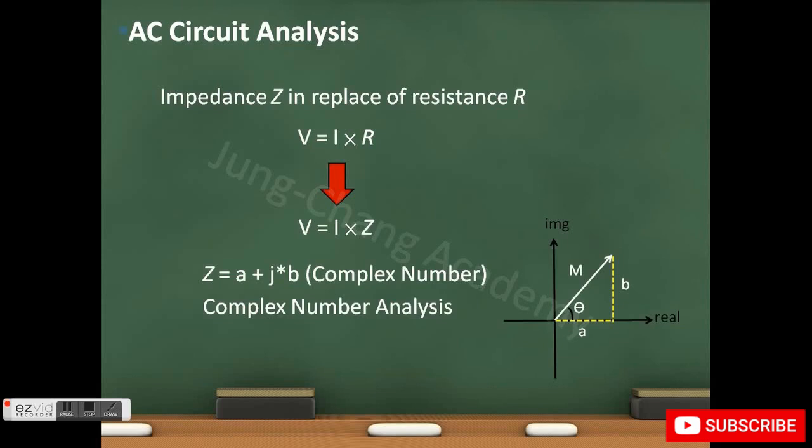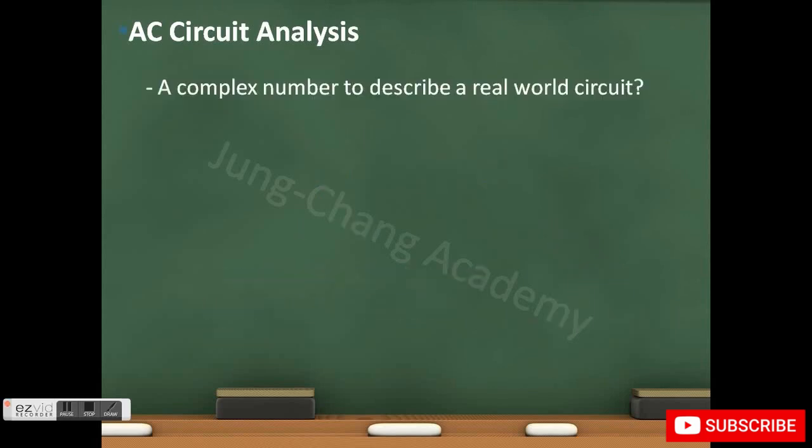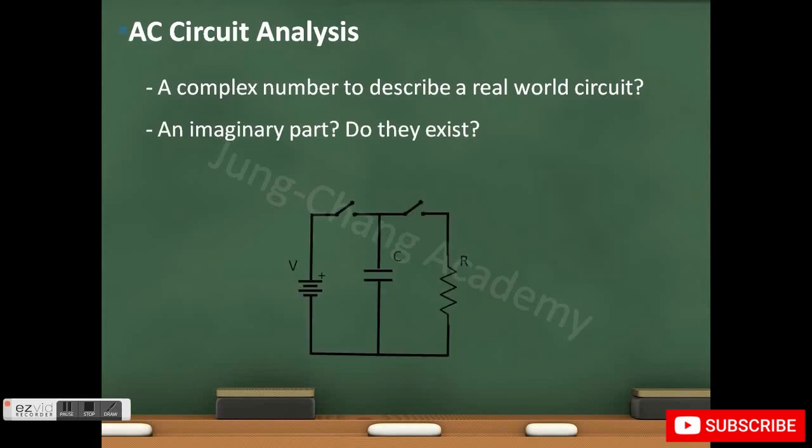Then they will start to talk about complex number analysis and phases. But what's important is that we need to understand why we use a complex number in the real world and what the imaginary part really represents. Since they are imaginary, do they actually exist? To answer these, let's revise how a capacitor works.